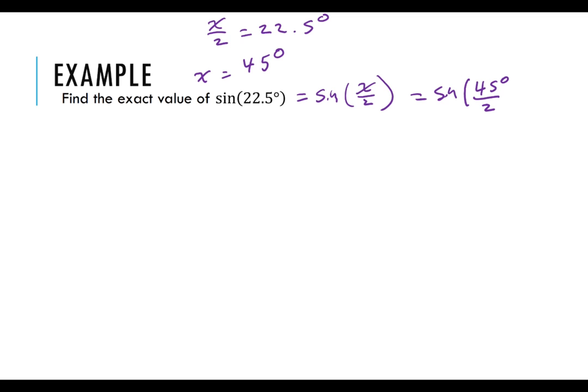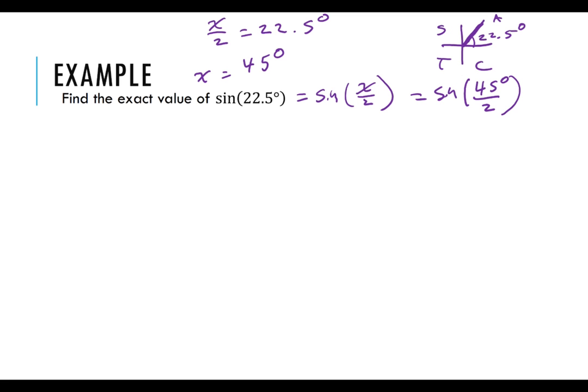Great. Now, if we're trying to find sine of x divided by 2, where x is 45 degrees, recognize a couple of things. 22.5 is in the first quadrant, and so I know it's going to be positive. All Students Take Classes is coming into play here.